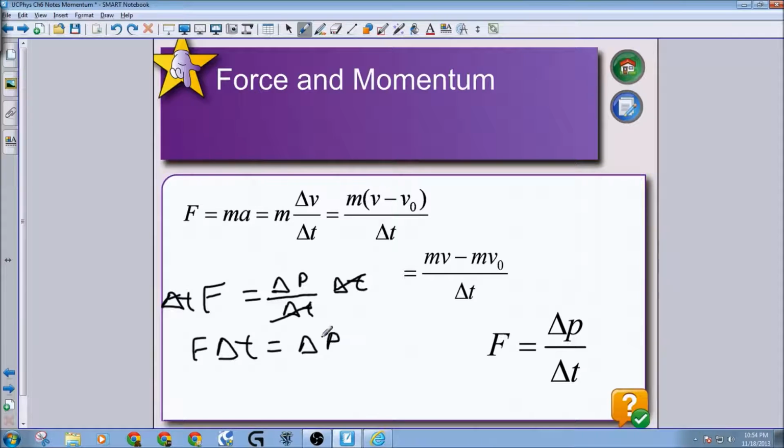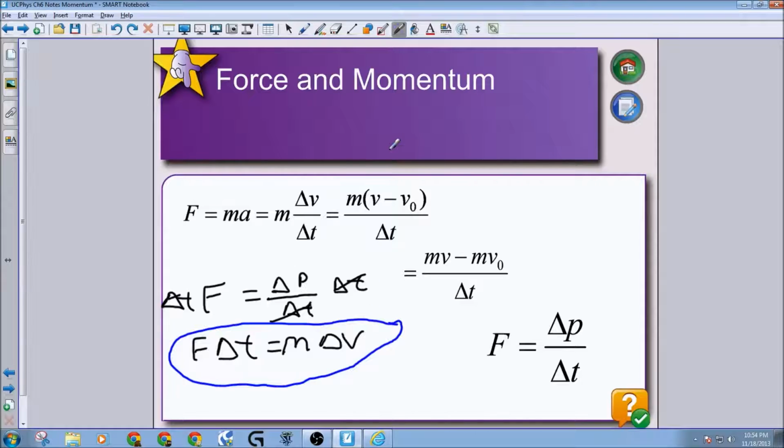Now, change in momentum, I'm actually going to write using one of the ways that we used earlier. I'm going to write that as mass times the change in velocity.